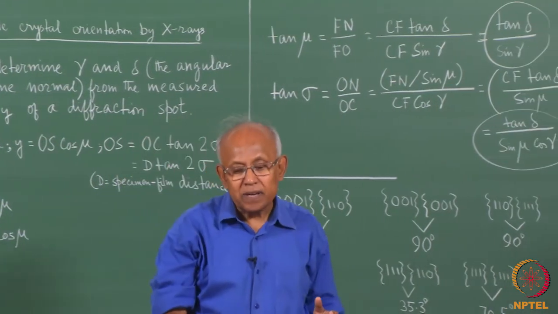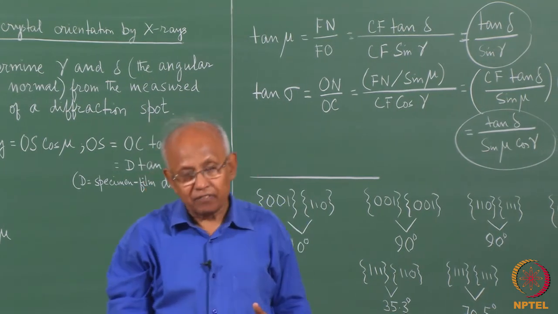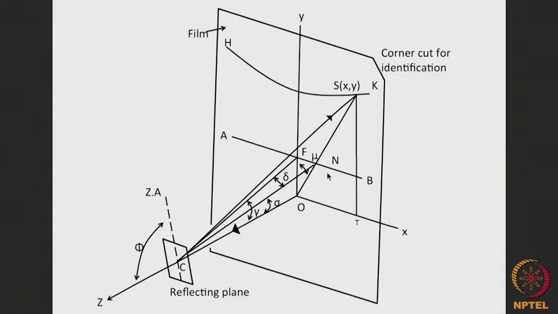So, what we are doing here, we have got, say for example, a plane which belongs to a particular zone with this as the zone axis. So, this is a plane belonging to a particular zone in the single crystal having a zone axis given by this.